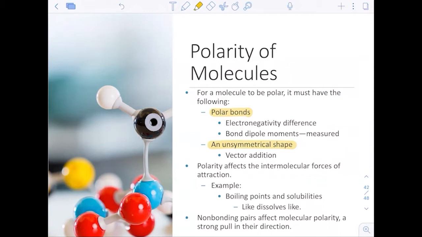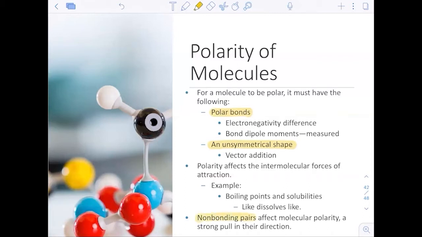Now, symmetry negates all of the idea of bond polarity, because if you're a perfectly symmetrical shape, you have vector addition and those vectors cancel. If you are unsymmetrical, so say you have different types of bonds, doubles, triples, singles, or you have one to oxygen and one to fluorine and one to hydrogen, differences make vector addition result in a polarity of the molecule itself.